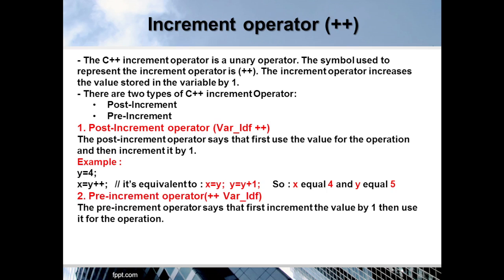We have the pre-increment operator. In this case, the syntax will be, we start by plus plus, then we put the identifier of the variable. Okay? The rule says, in this case, the pre-increment operator says that first we must increment the value of the variable by 1, then we can use it for the operation.